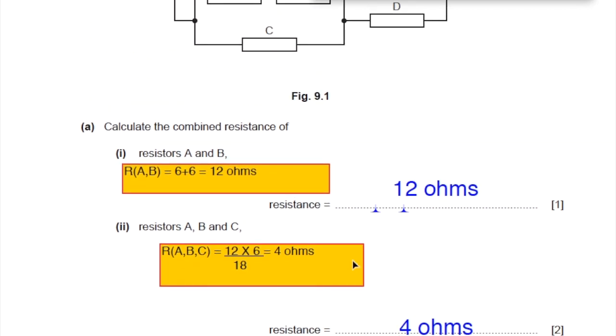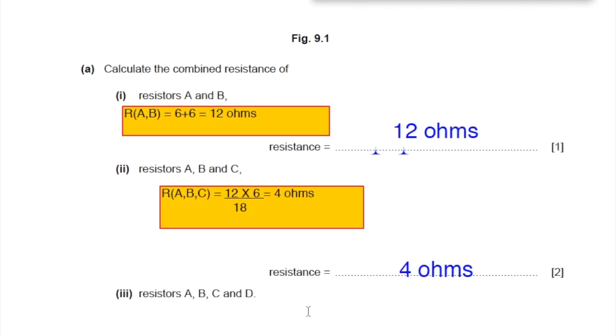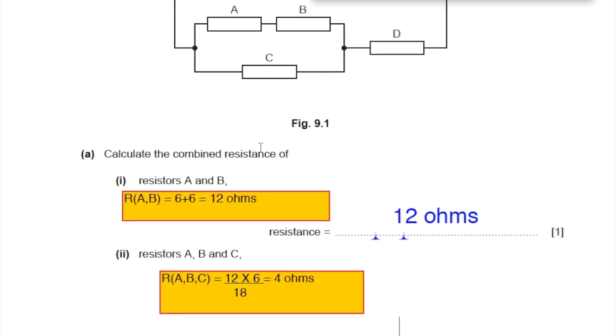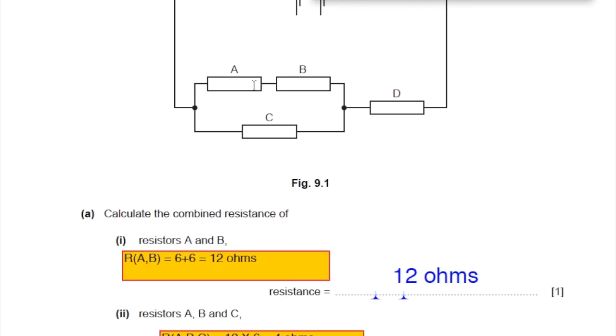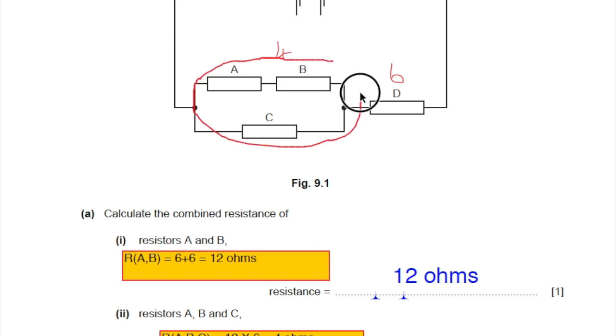Now resistors A, B, C and D. The value for A, B and C is 4 ohms. This entire section, these 3 resistors, offers 4 ohms, which can be considered as one single resistor offering a resistance of 4 ohms.